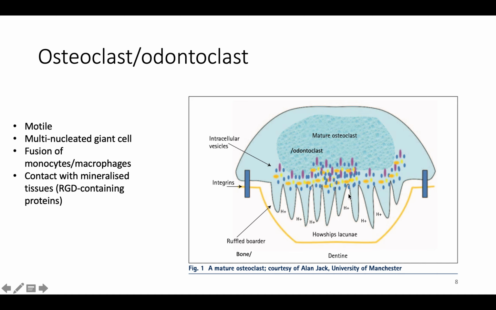Upon contact with mineralized tissues that contain the RGD sequence, they will anchor themselves to the mineralized tissue by means of certain proteins, the integrins, and then they will create a small microenvironment and start secreting acids, the HCl acid, and they will start dissolving and resorbing the mineralized tissues.